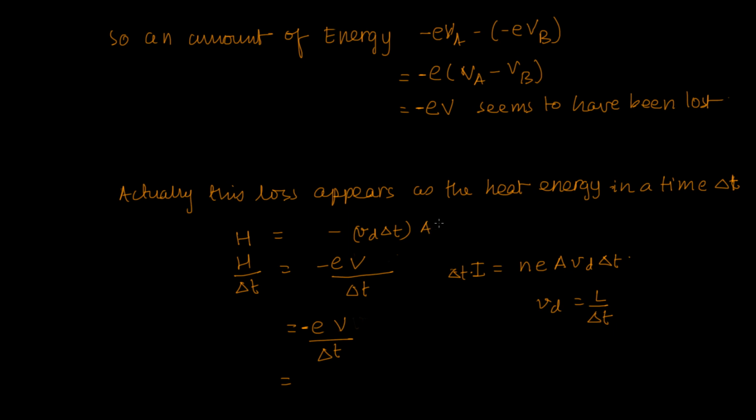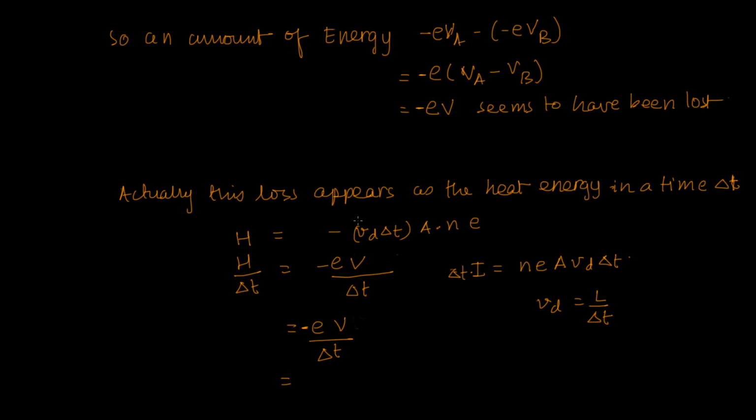Everything contained within v_d delta t multiplied by the area, and that multiplied by n is the total number of electrons, and each of them is carrying a charge of so much.